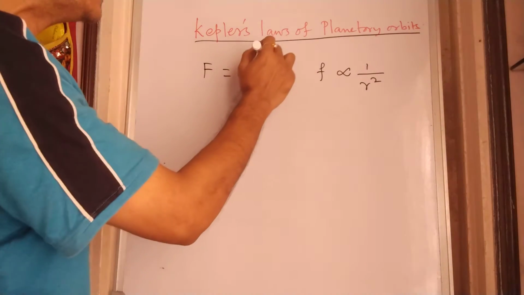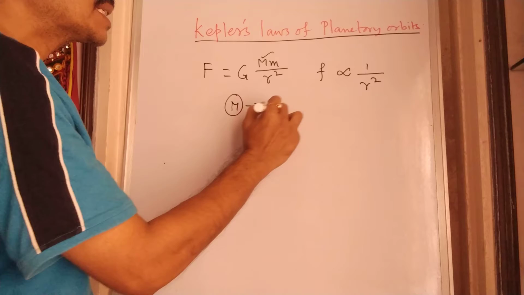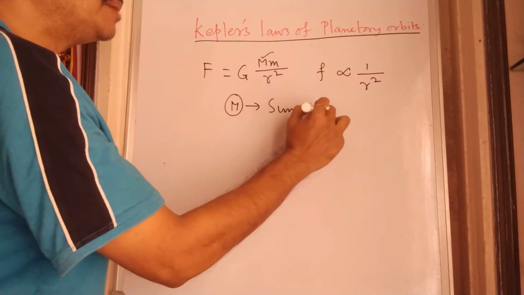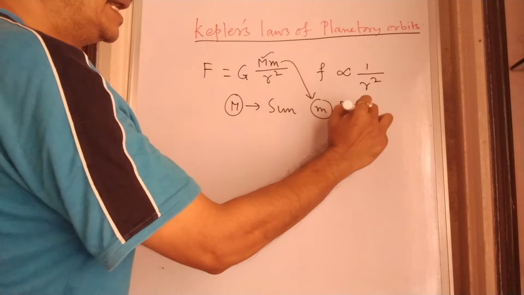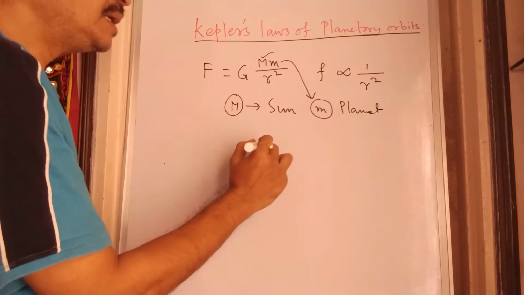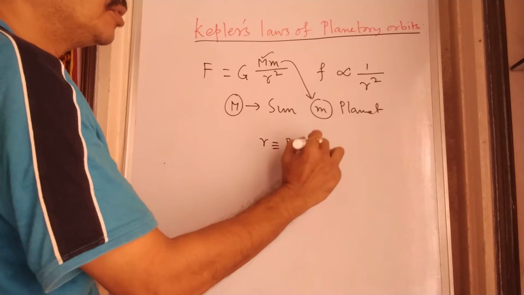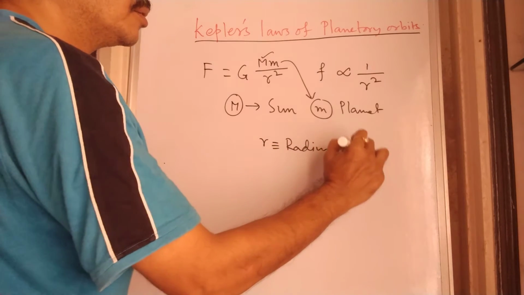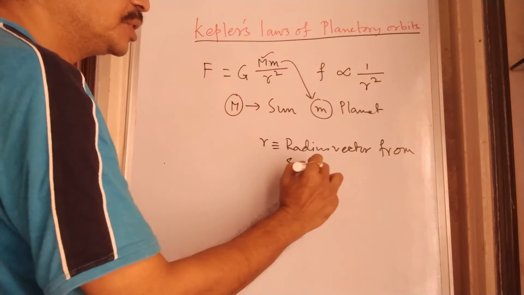Here capital M is the mass of the Sun, small m is the mass of the planet, and r denotes the length of the radius vector from the Sun to the respective planet.